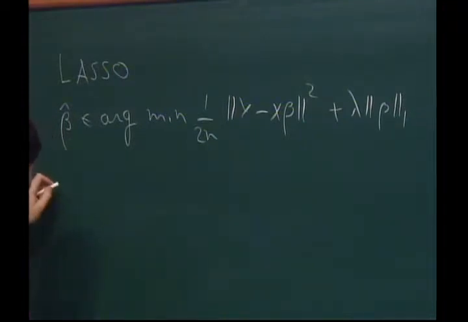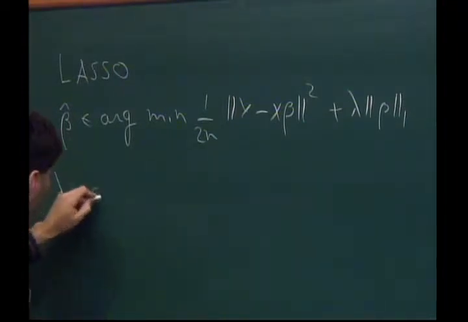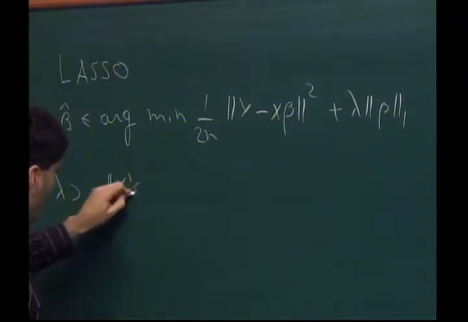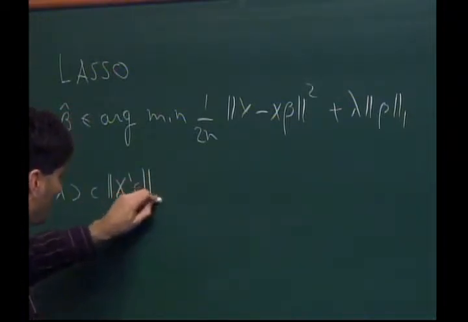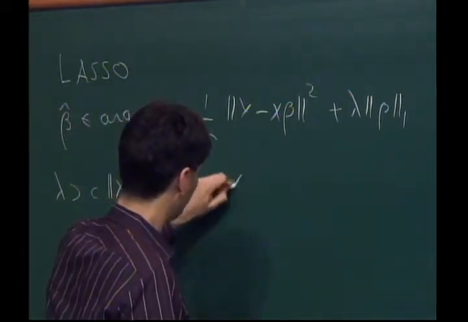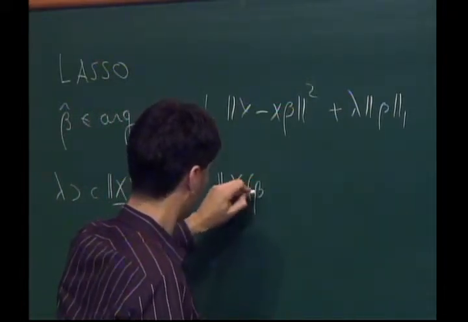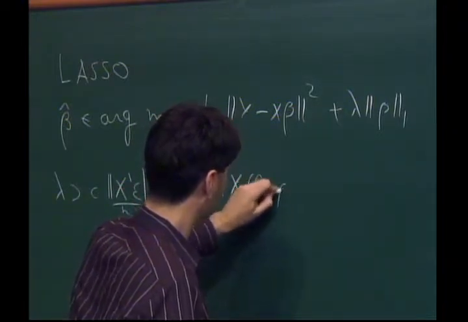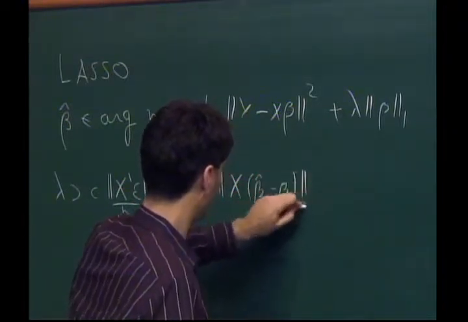So if some good event happens regarding penalty choice and the effective noise of the problem, we obtain nice prediction norms, rate of convergence to prediction norm.